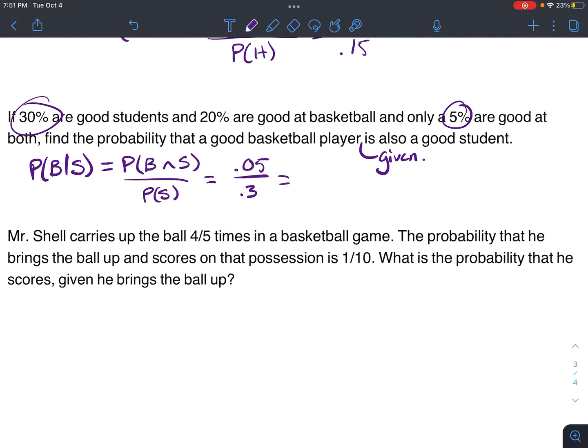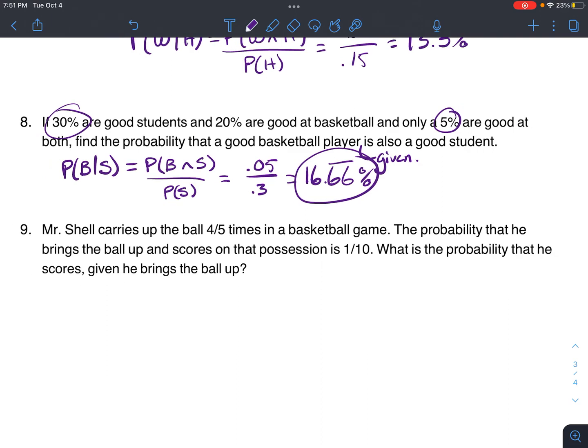So this is going to be 0.05 divided by 0.3, and that's 16.67% repeating. Well, it's actually 0.166 repeating. And that's the answer.